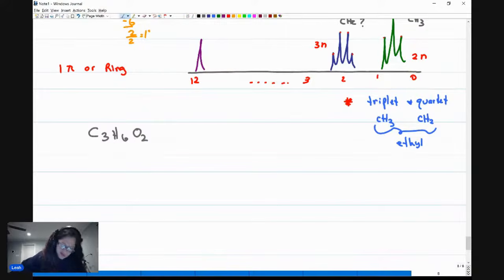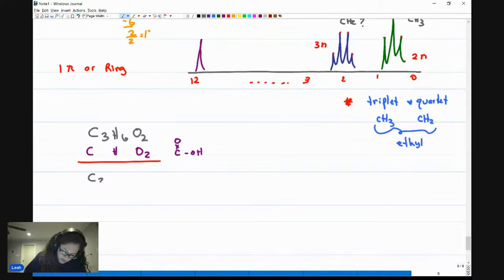Let's pretend that this is a very complicated molecule and we're trying to figure out what is left. The first group we accounted for was the carboxylic acid, which is 1 carbon, 2 oxygen, 1 hydrogen. What does that leave me with? A C2, H5, and nothing else.